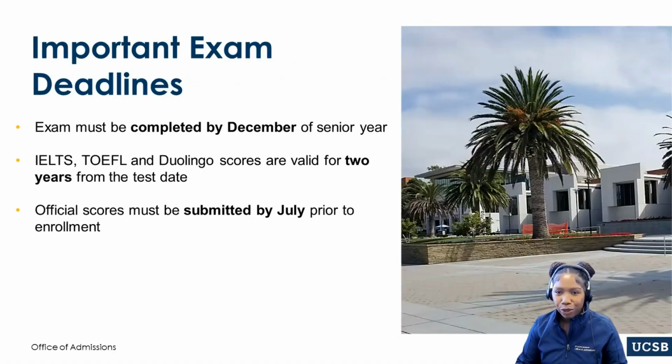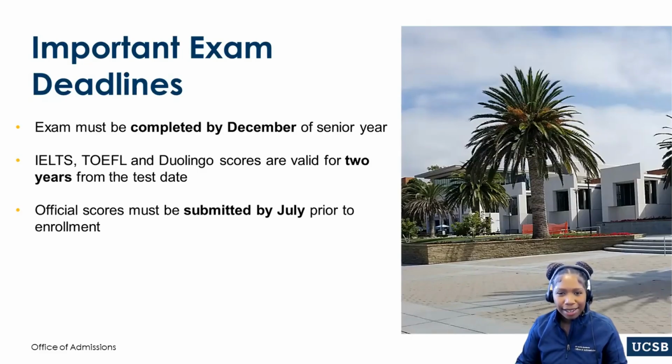Now, let's go over some important exam deadlines. Regardless of which exam you choose to take, the English proficiency exam must be completed by December of your senior year to ensure all requirements and deadlines are met. Scores from the IELTS, the TOEFL, and the Duolingo English Test are valid for 2 years from the date the exam is taken. It is important that your scores do not expire before you submit your official results to UC.